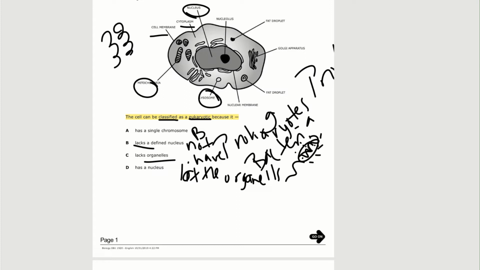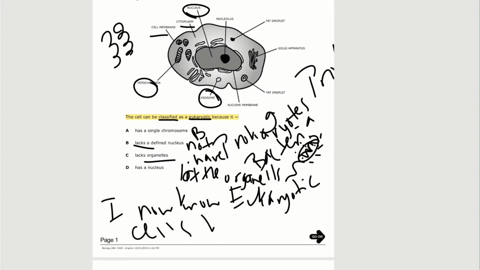Has a nucleus? Yes, that is your answer. I now know eukaryotic cells have a nucleus. Okay, and you can pause it if you need to write that down. I'm sorry it's messy, but you can hear me, I hope.